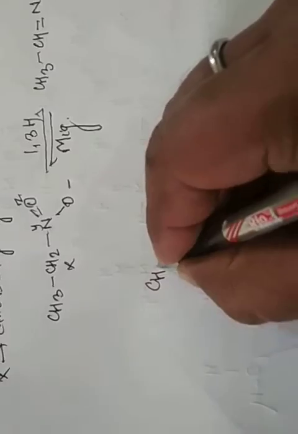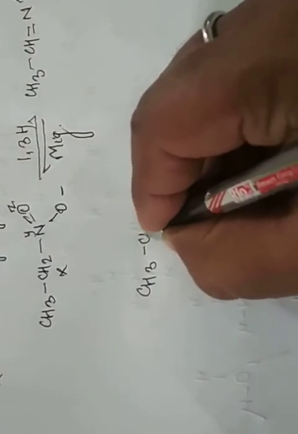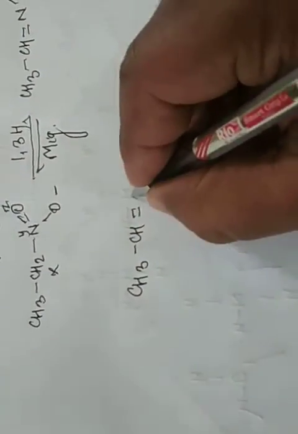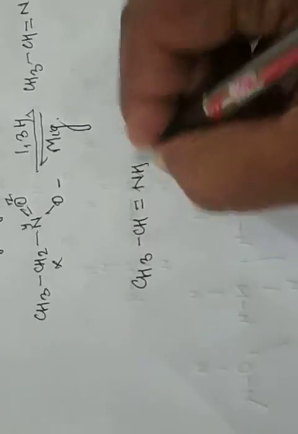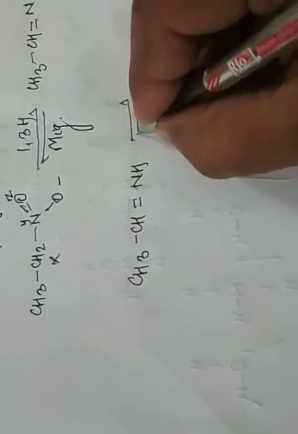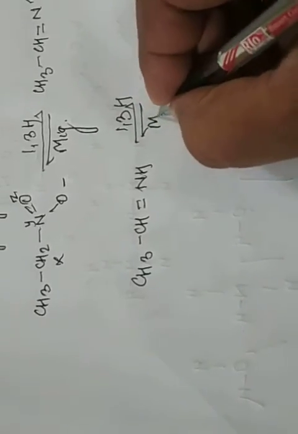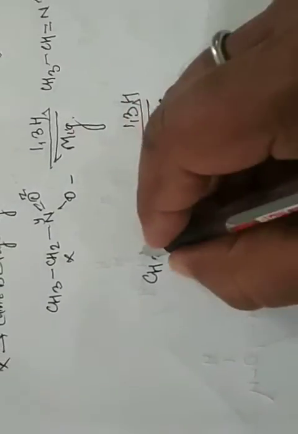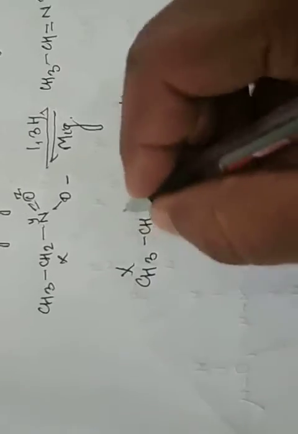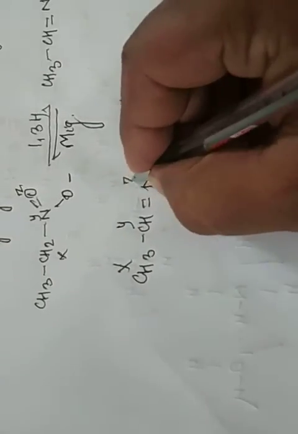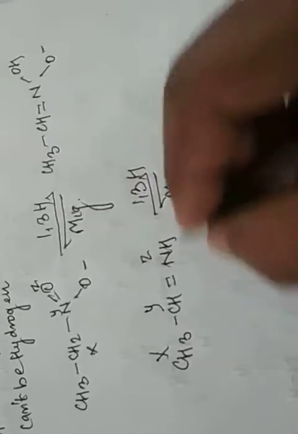Okay. Now the next example, again you check CH3, CH double bond NH. Again you check 1,3 hydrogen migration. So where is X? X is this, then Y and Z. So the X hydrogen shifts to this side.